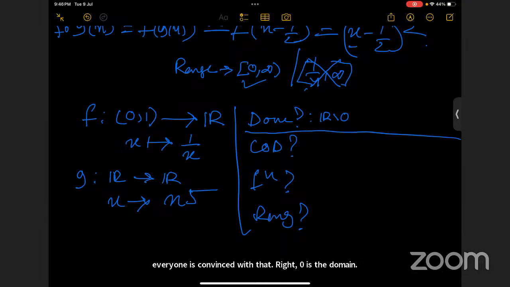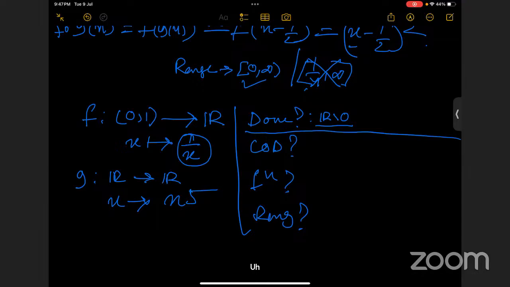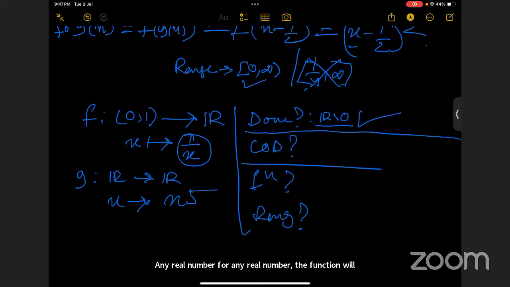Because what is our primary concern here? To check that every point from the domain should have some image. And here we have this kind of factor. So if we exclude the point 0 from the real line, then the function will be defined for any real number, right? So this is our domain. This is correct. What is the codomain?